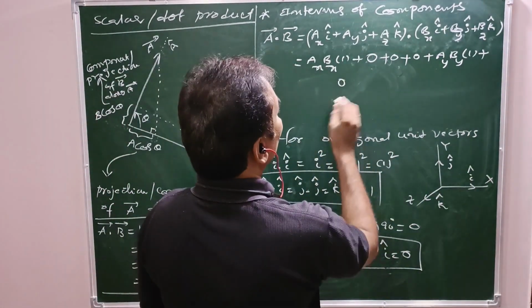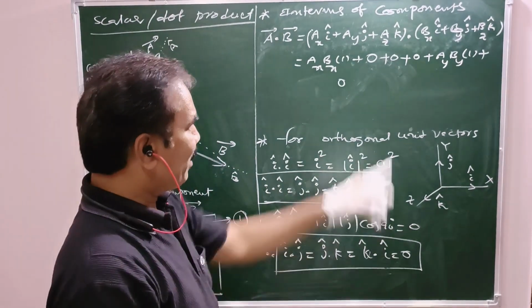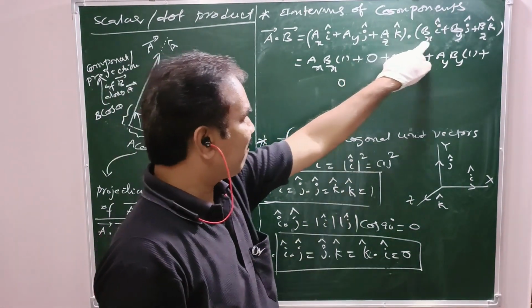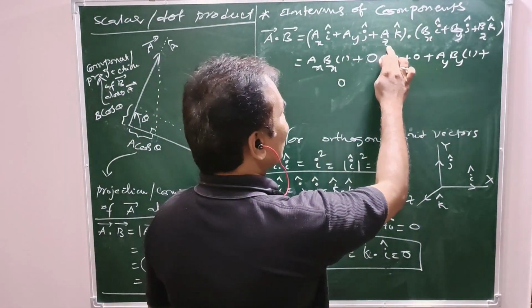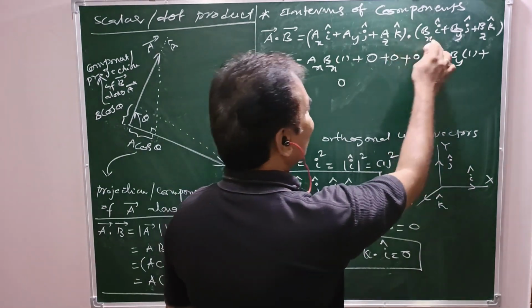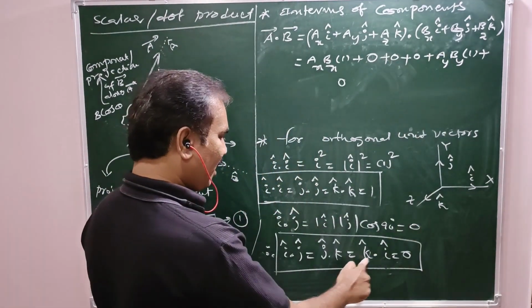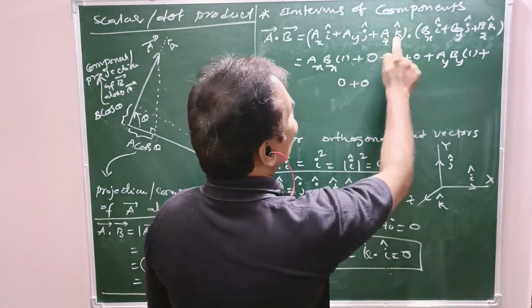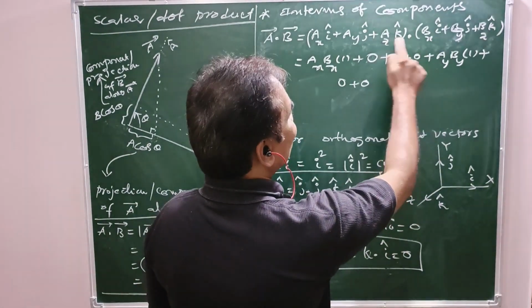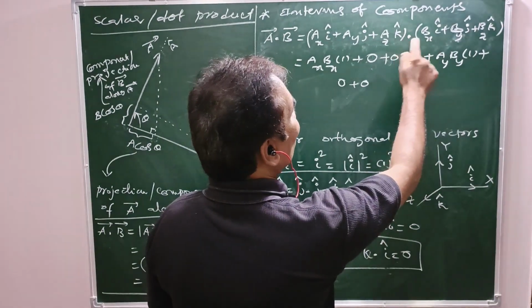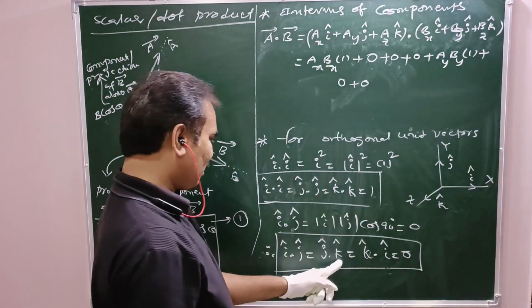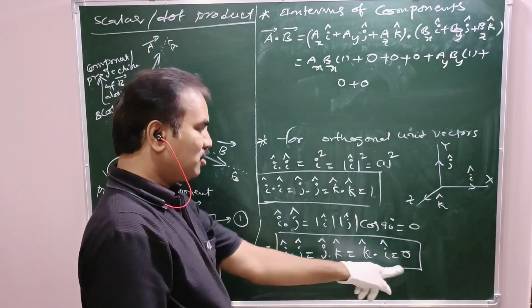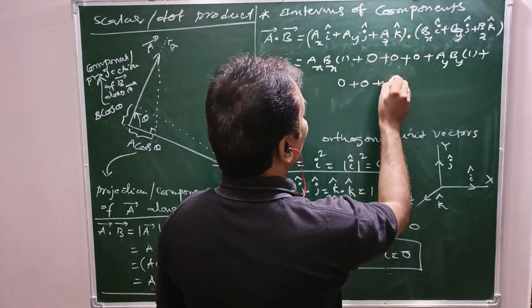Now coming to third term into first term, that is az bx into k dot i. k dot i means 0. Now third term into second term, that is az by into k dot j. j dot k or k dot j? 0, commutative law, right?